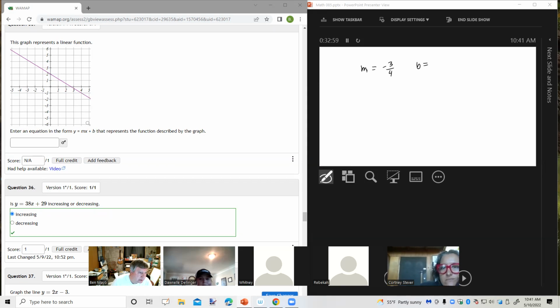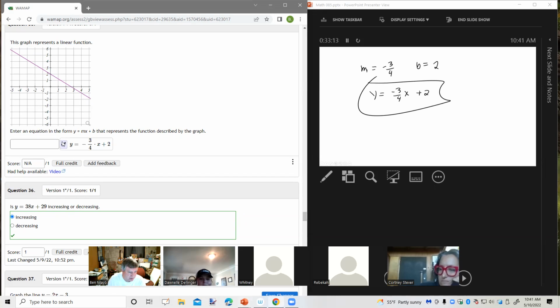The y-intercept is at 2. So our equation would be y equals -3/4 x plus 2. That's what would go in the box here. Okay. And they always write it like this with a little dot, but you don't need the little dot because a number right up against a variable is multiplication. We talked about that.